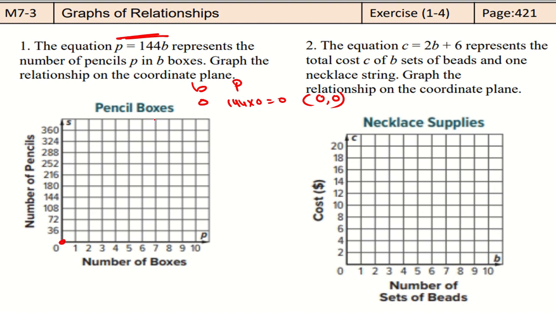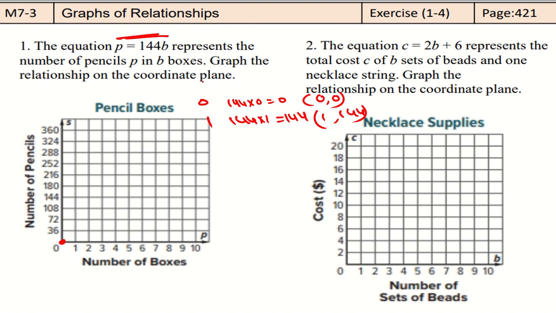Now, another number I am taking 1. So, 144 multiply 1 is 144. So, what will be the point? 1 and 144. Okay. Just I think I wrote it opposite.